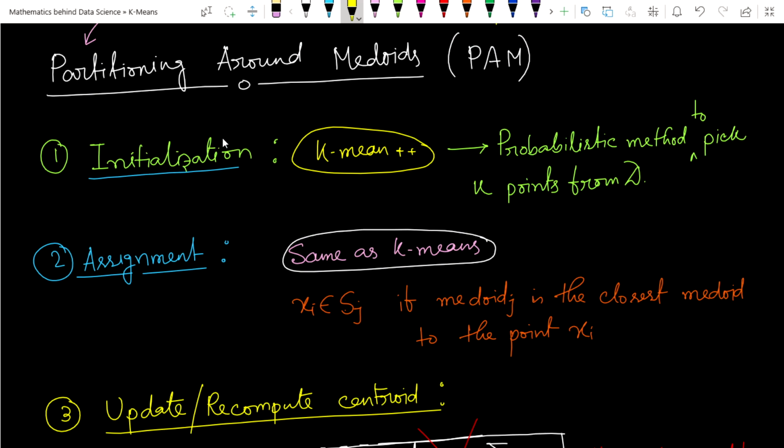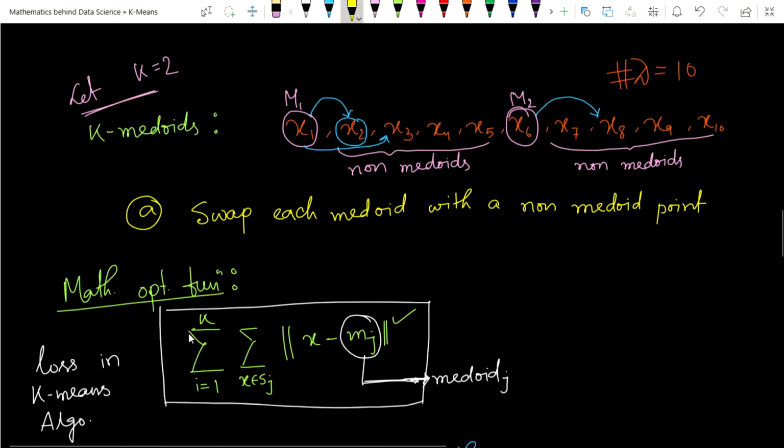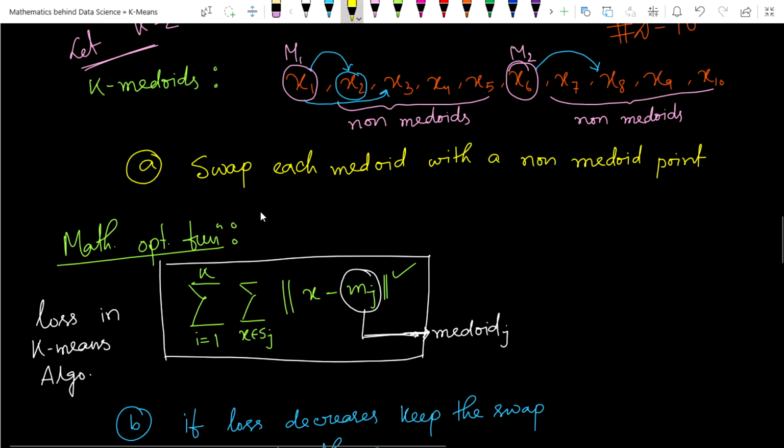The second stage is the assignment stage. It is the same as K-means: the points that are closest to the medoid, we take as our cluster points. The main update is here. Instead of using the mean concept, we use the medoid concept. There are only two steps. First, pick any random value from our data set and calculate its loss value.